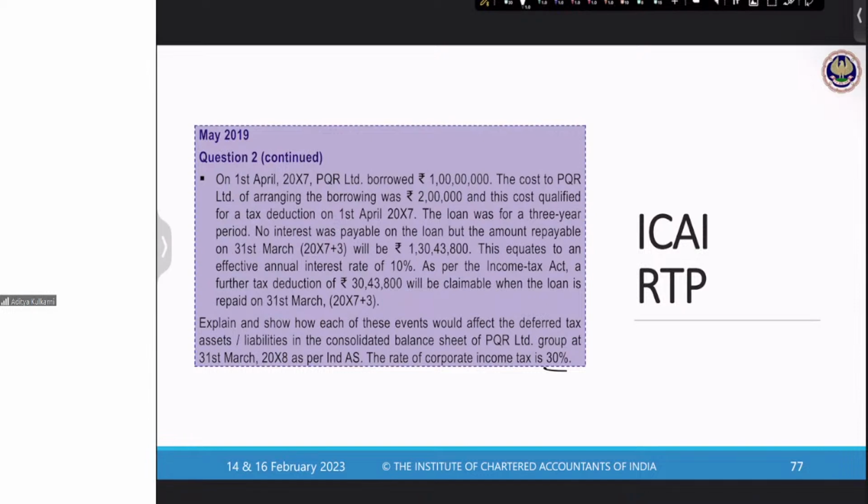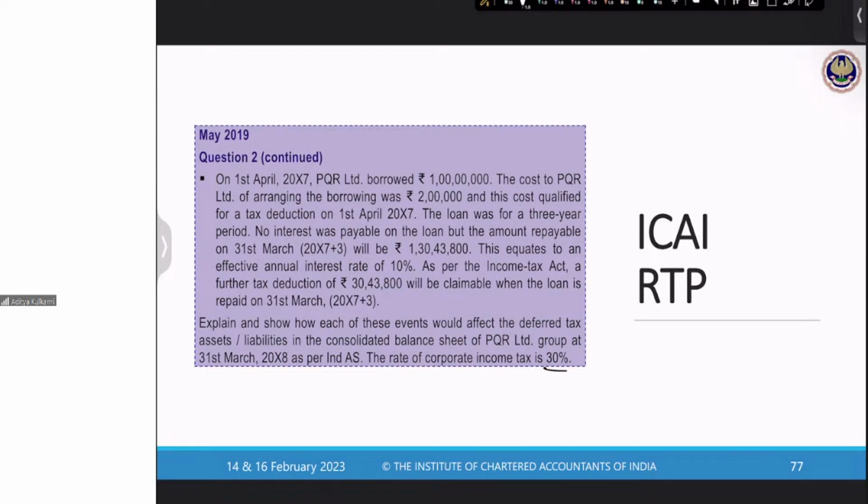On 1st April, PQR Limited borrowed 1 crore. Cost to PQR for arranging was 2 lakhs. This cost qualified for a tax deduction on 1st April 20X7. The loan was for a 3-year period. No interest was payable, but the amount repayable will be 1 crore 30 lakh 43,800.